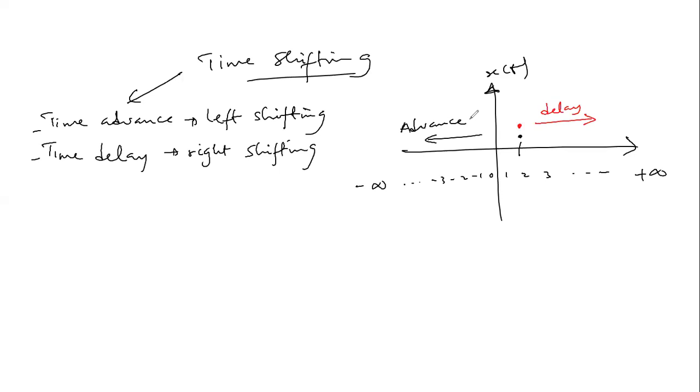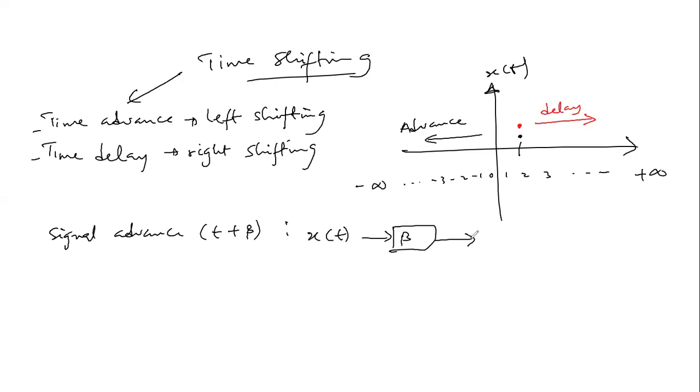Okay. So technically, we now say that signal advance is represented as the positive of the time scale, t plus beta. So it means that if S of t is fed into a system characterized by some parameter beta, then our output will be the same as S of t plus beta, right?